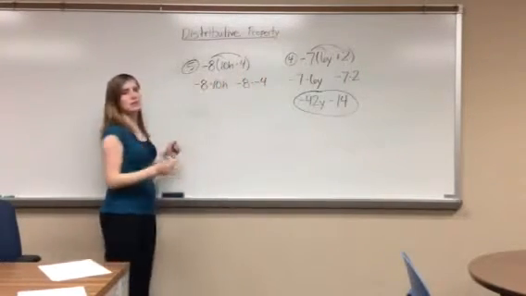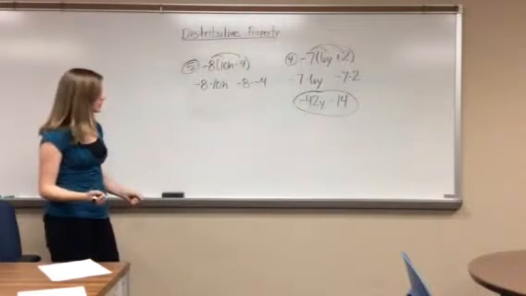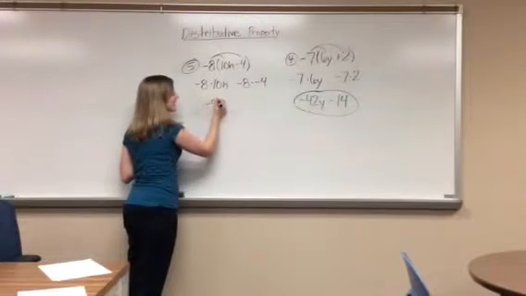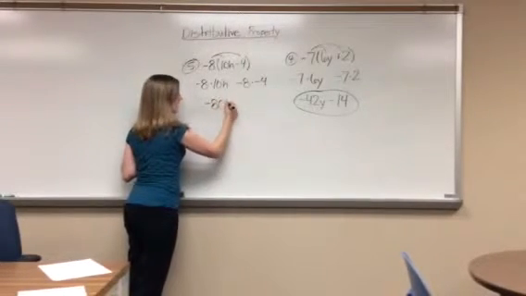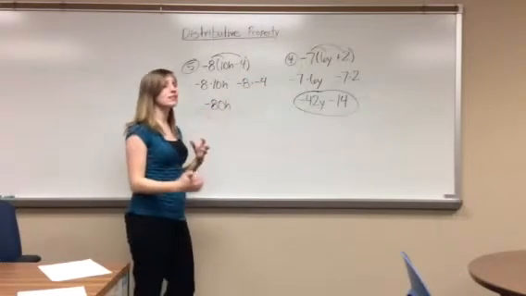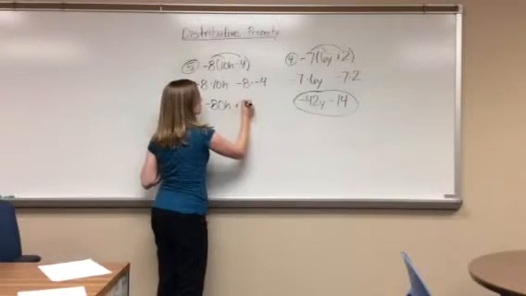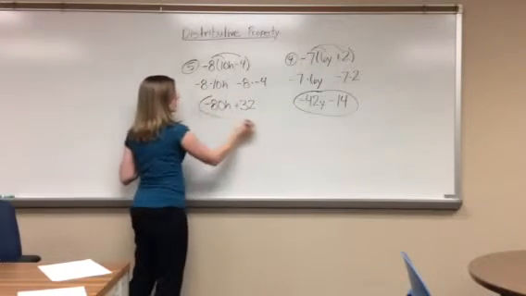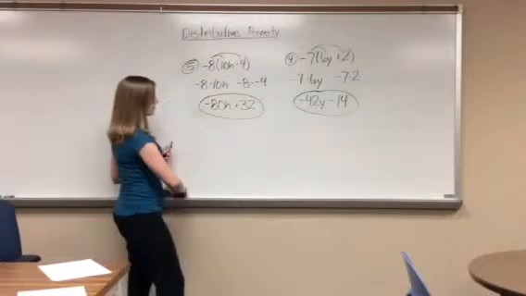Again, if it's minus, that means that it's negative when you're doing your multiplication. So negative 8 times 10h is negative 80h. Negative 8 times negative 4 is positive 32, so that means we put plus 32. And again, this is our answer. We cannot simplify from there.